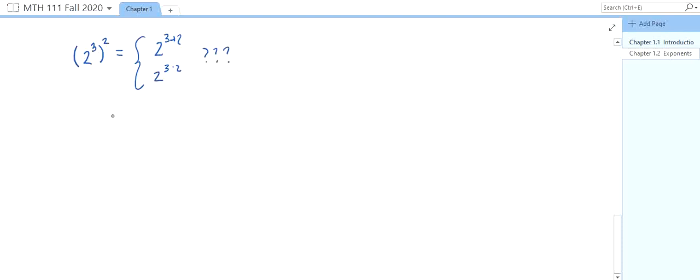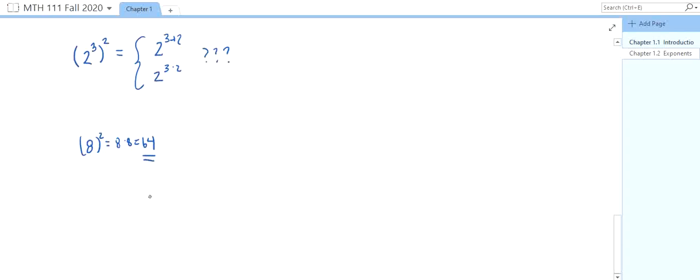So I want you to do this, and you know what the answer is. 2 cubed is 2 times 2 is 4 times 2 is 8, and that's like 8 squared, and 8 times 8 is 64. That's 3rd grade math, I guess. 8 times 8 is 64. So we know what the answer should be.